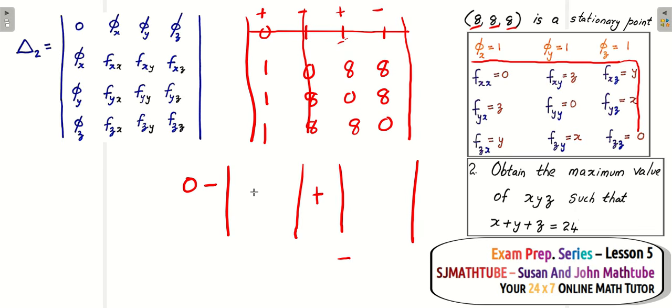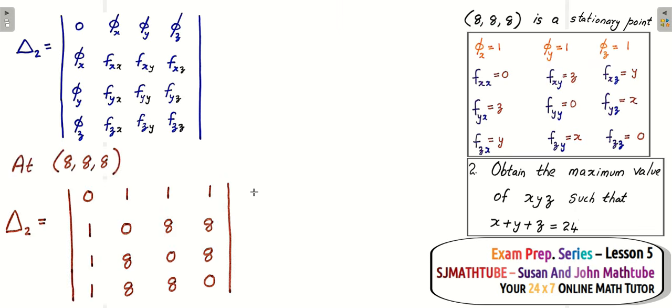But using a calculator will be a very wise decision. So use a calculator and evaluate. So I got minus 192. That minus has a lot to do. 192 has nothing to do here. Negative.